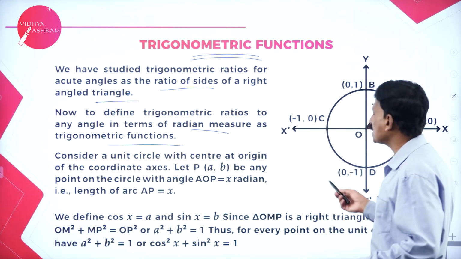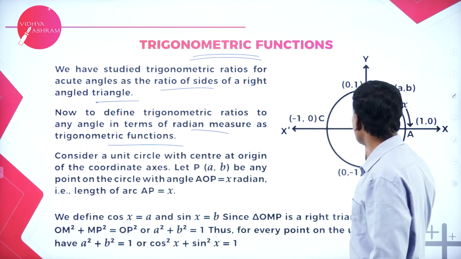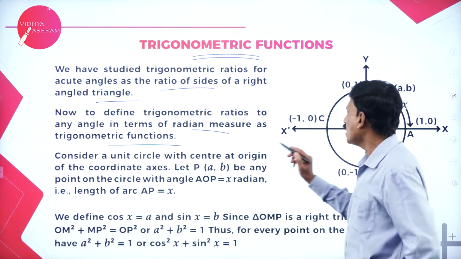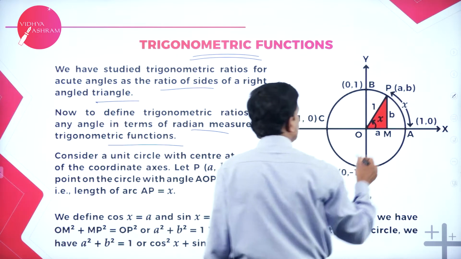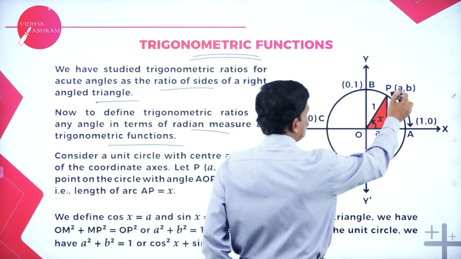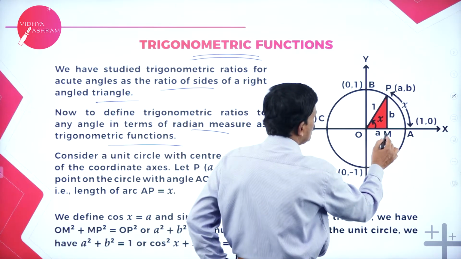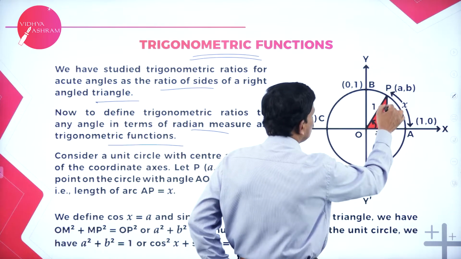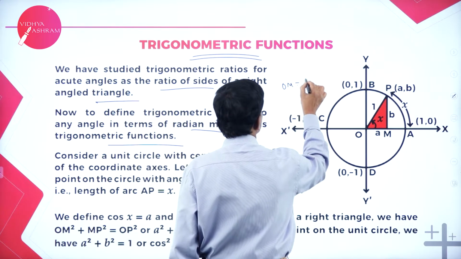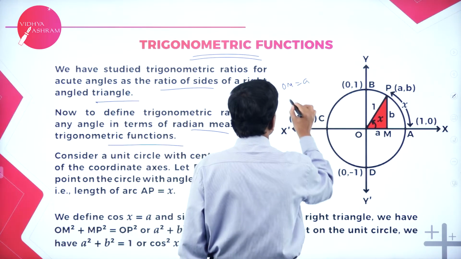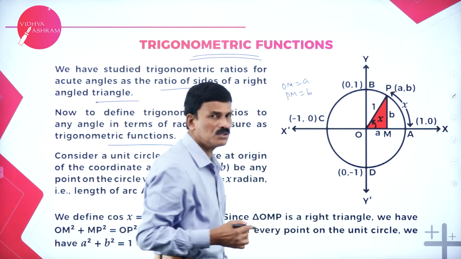Consider a unit circle with center as O. O is the center of the circle at the origin of the coordinate axes. Let P(a, b) be any point on the circle, where OM is equal to small a and PM is equal to small b. P(a, b) are the coordinates.